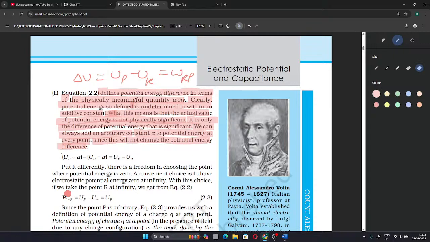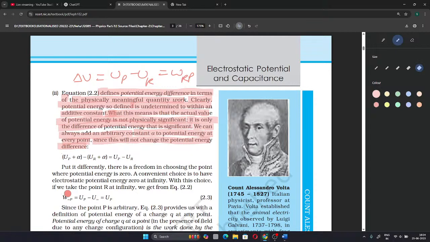Basically, we are saying that always what matters to us is not the potential energy. When we calculate potential energy, we actually do not calculate the actual potential energy of the object itself, as the object's potential energy depends on many factors, but we are actually calculating the potential difference, and only the potential difference.